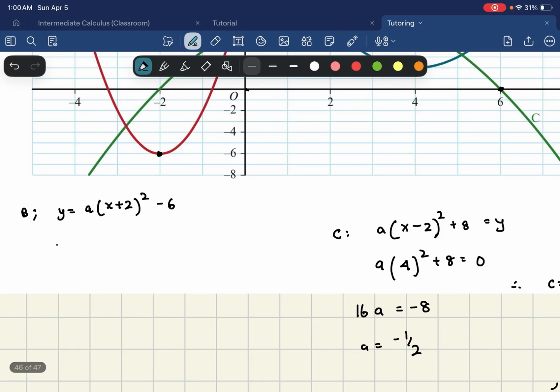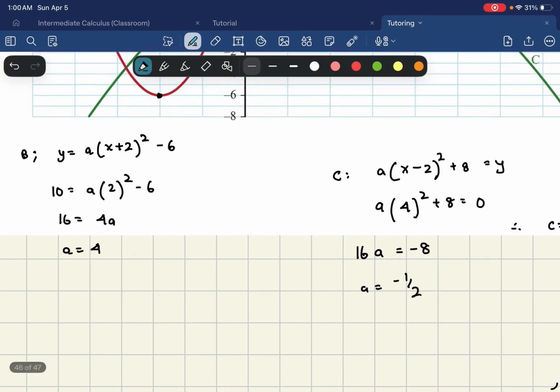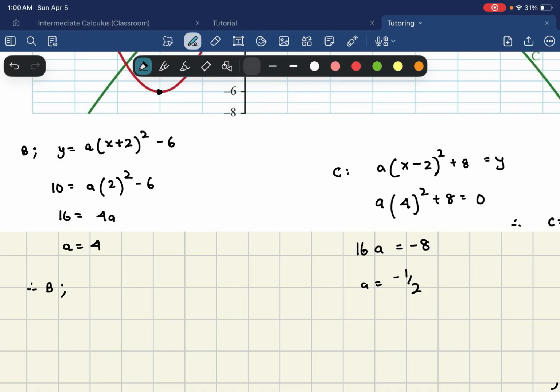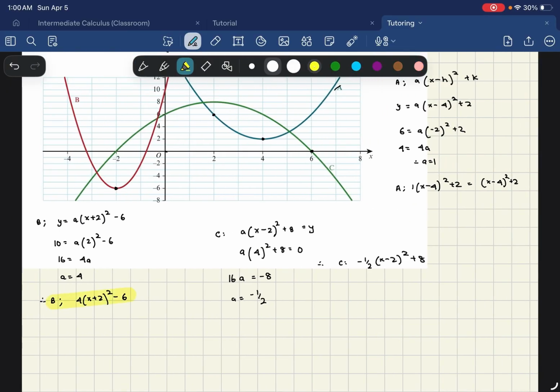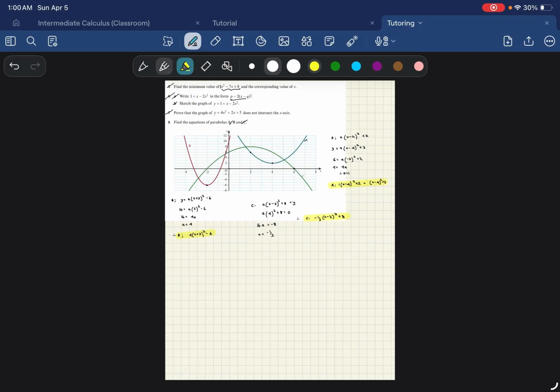So we can substitute 0, comma 10. So if I substitute x equals 0, I have 2 squared minus 6. So 16 is 4a. A is just 4. So therefore, for curve B, the equation is 4(x plus 2) squared minus 6. And yeah, that is it. So we are done with question 8.